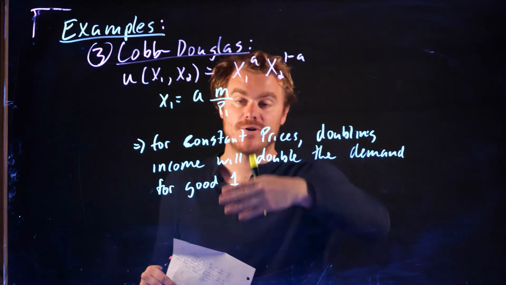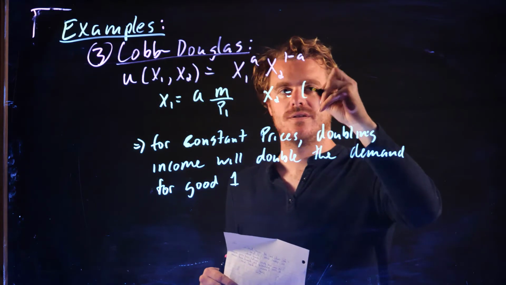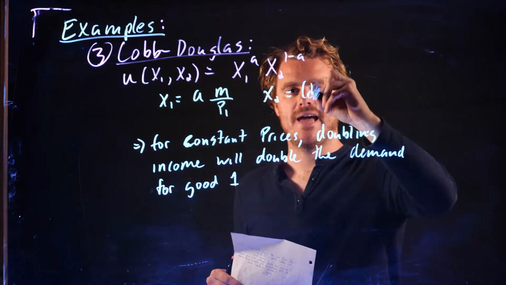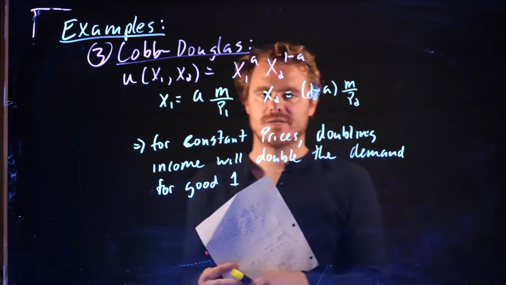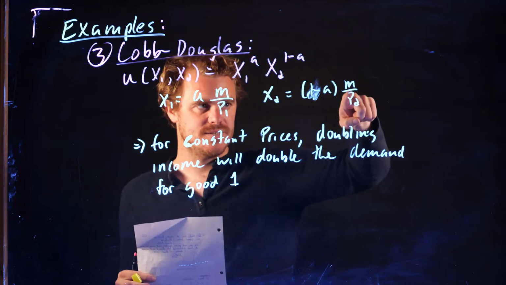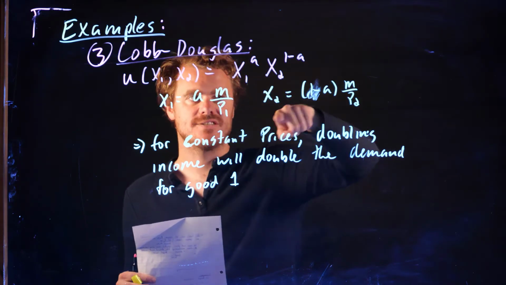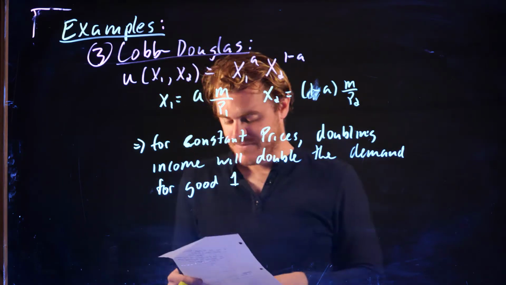And then for x2, we're spending 1 minus a times m over p2, where we're spending that constant fraction, 1 minus a. So if we kept p2 constant and we doubled m, x2 is going to double, right?